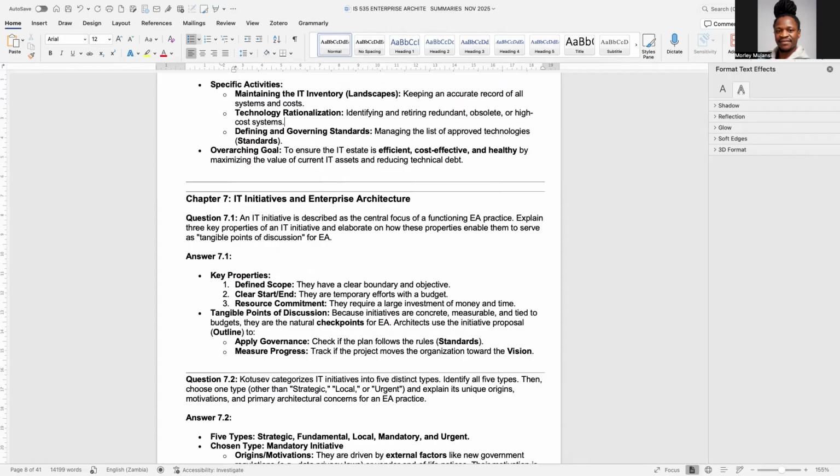So they are effective checkpoints because they have these 3 key properties. Defined scope, a clear boundary and objective, e.g. when you're maybe launching a new e-commerce site, okay. Clear start and end. They are temporary, time-bound efforts with specific budget, and then resource commitment.